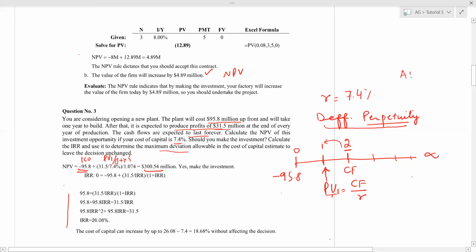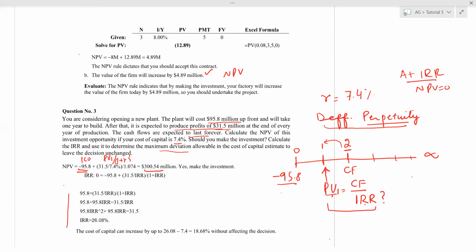So what should be this rate, which we are now calling IRR, at which the present value of cash inflow is equal to the present value of cash outflow? If they are equal, then our answer for the NPV would be equal to 0.